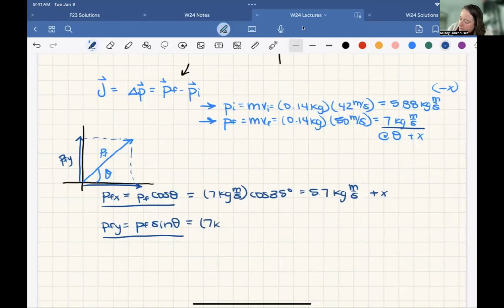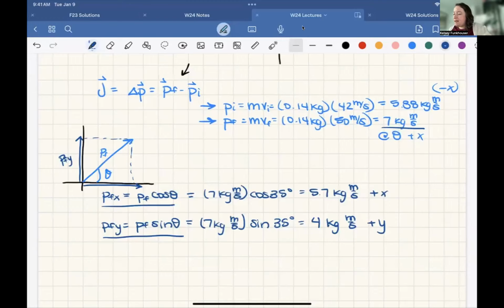And then 7 kilogram meters per second times sine of 35 degrees is 4 kilogram meters per second in the positive y direction.